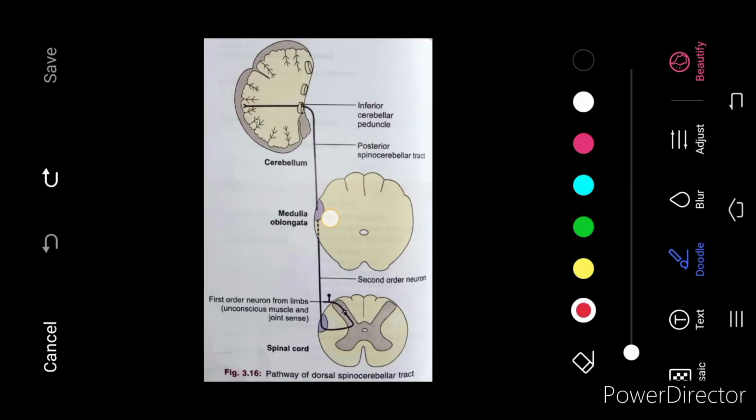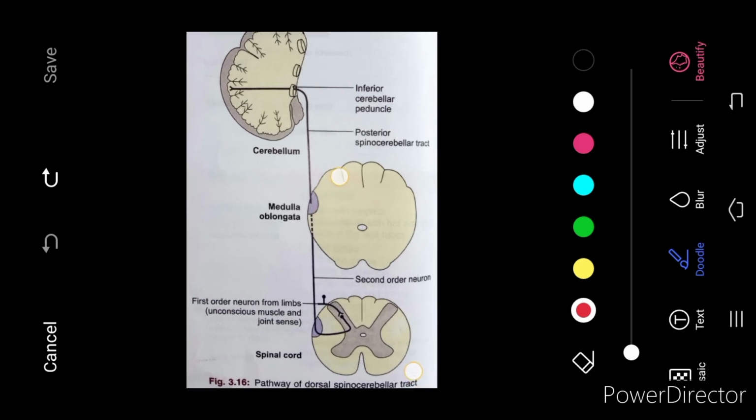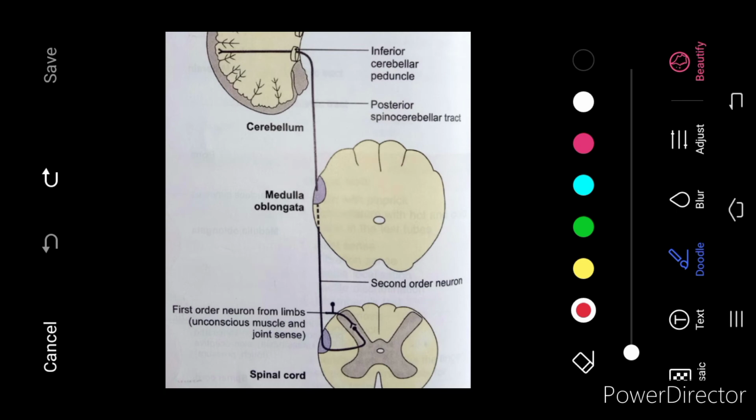Now let's see the pathway of the dorsal spinocerebellar tract. When the sensations from the unconscious muscle and joint are received by these fibers, they travel to the dorsal root ganglion, which is the 1st order neuron.